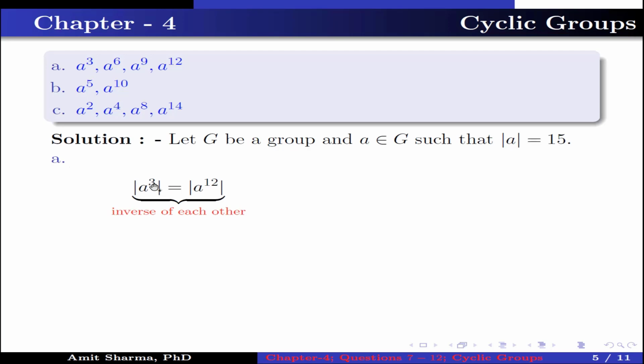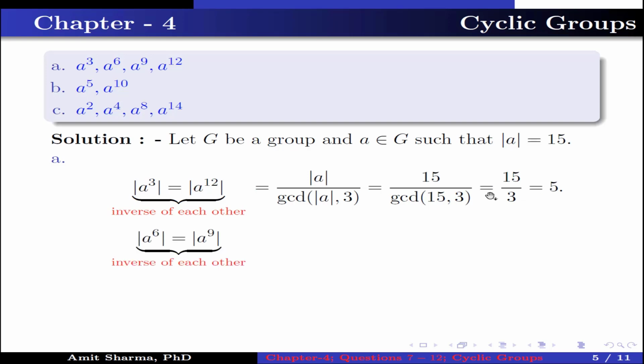Part A, the order of A cube is equal to the order of A to the power 12. Why is it so? Because both are inverses of each other, which is equal to the order of A divided by GCD of order of A, 3, which is equal to 15 divided by GCD of 15, 3. Why is it so? Because the order of A is 15, which is further written as 15 by 3, which is equal to 5. This implies the order of A cube and the order of A12 is 5.